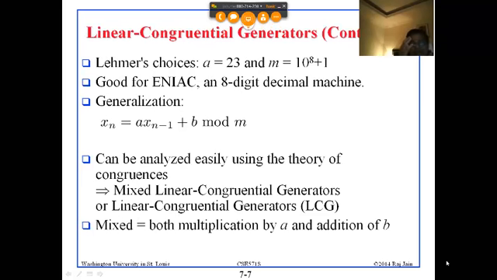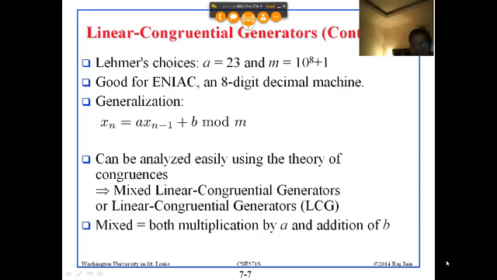Lehmer, when he wrote this first thing, said a should be 23 and m should be 10 raised to 8 plus 1. Those were his choices because he was working on ENIAC, which is an 8-digit decimal machine. 10 raised to 8 is the biggest number that they could put in one word; we don't want to call it a byte because each digit is probably more than 1 bit.